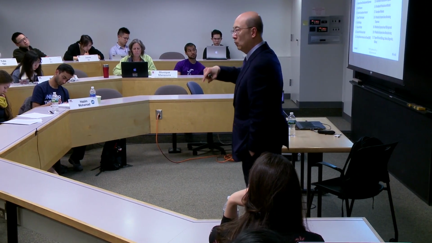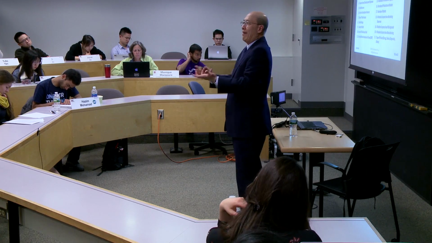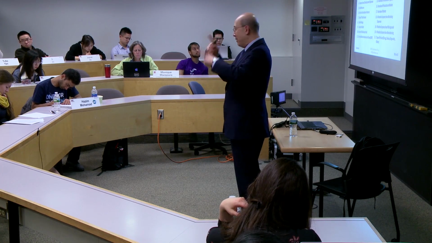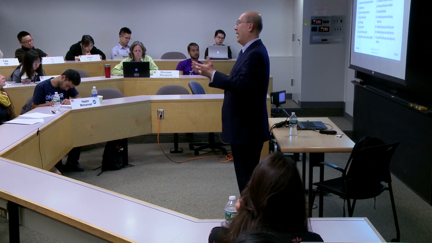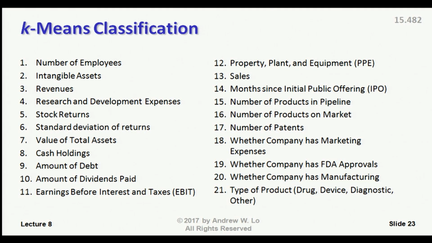What we're going to do with trying to classify pharma versus biotech is we're going to use characteristics. That's the dimensionality, the number of features that we're going to compare distances to. These are the characteristics. There are 21 of them. For each company, we're going to calculate the number of employees, intangible assets, revenues, R&D expenses, stock returns, standard deviations, the whole gamut.